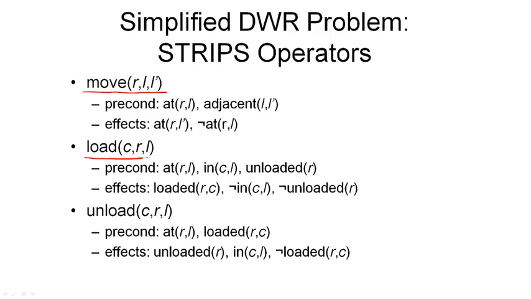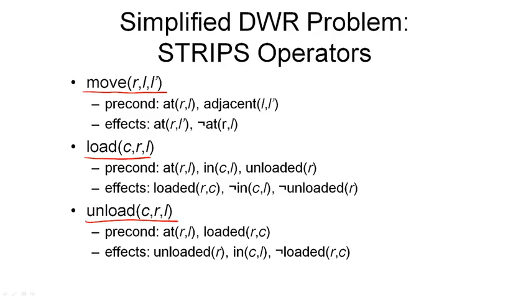Similarly, we have simpler load and unload operations that take fewer parameters and have fewer preconditions and effects because the crane is now attached to the robot. That also means we don't need a take and a put action for the cranes. One nice side effect of this simplified problem is that none of the operators have negative preconditions. As I've just mentioned, that is one of the features we need for the propositional representation.